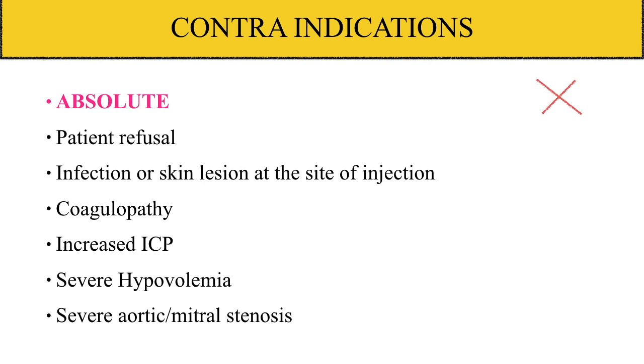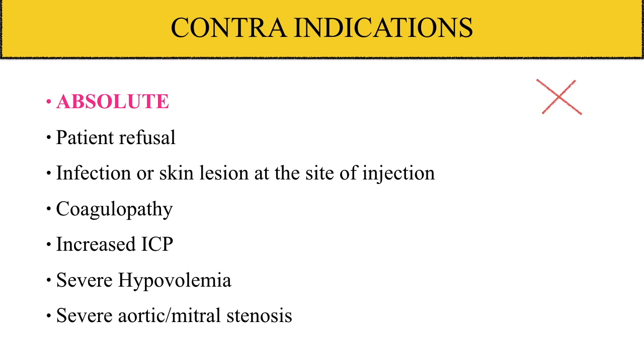Severe hypovolemia, that is the circulating volume is less than the requirement. In those conditions spinal anesthesia has to be avoided, because spinal anesthesia itself causes some extent of hypotension. Hypovolemia is already there, so that may worsen the condition.